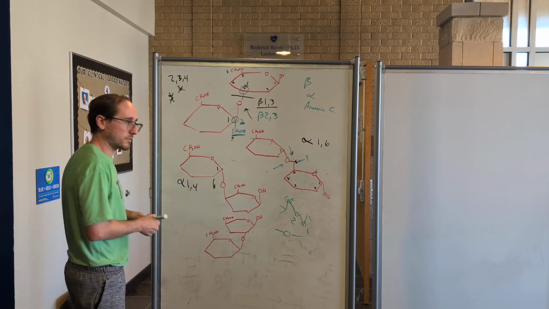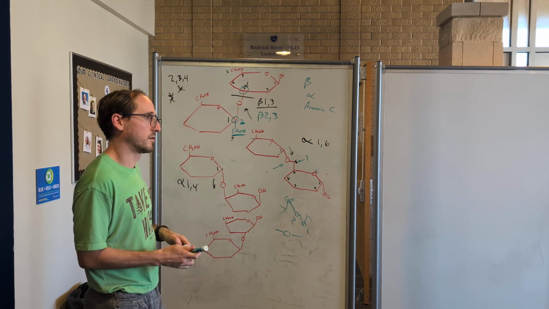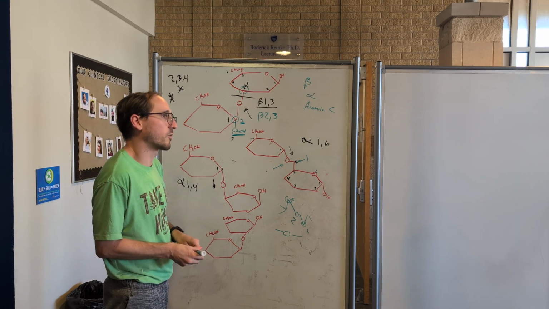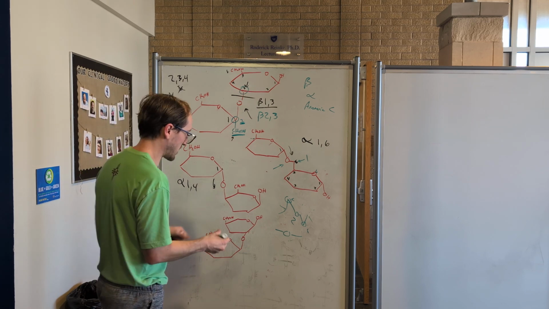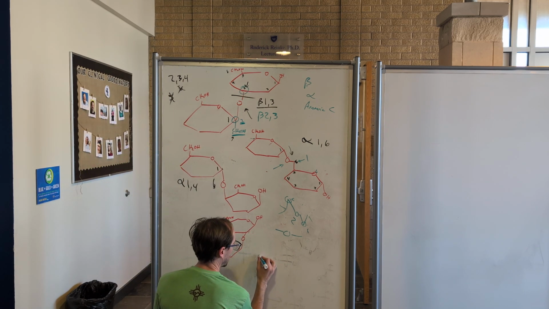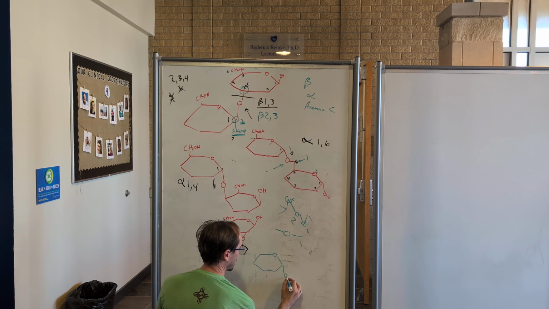Sometimes there's a 1-1. There is a possibility to have a 1-1, but it's not super common, because of the way you have to draw it out. It doesn't have to be a hexose, but the idea is I'm gonna make it an alpha 1-1.